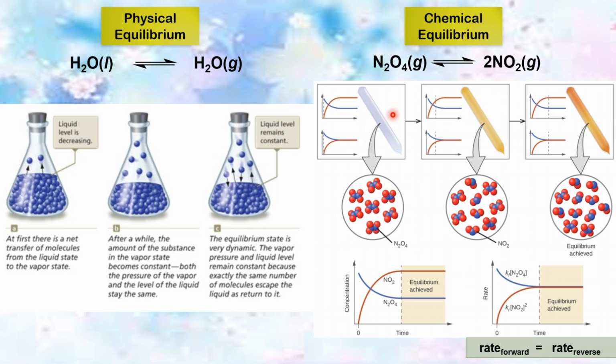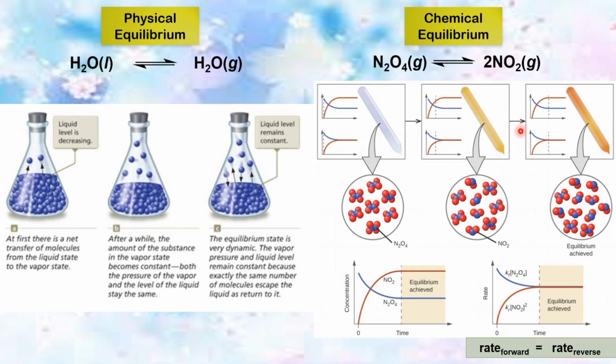Alright, as for chemical equilibrium, at the beginning we can see that N2O4 is colorless in this tube. After a few moments, the tube becomes pale brown, which means that some NO2 has formed.